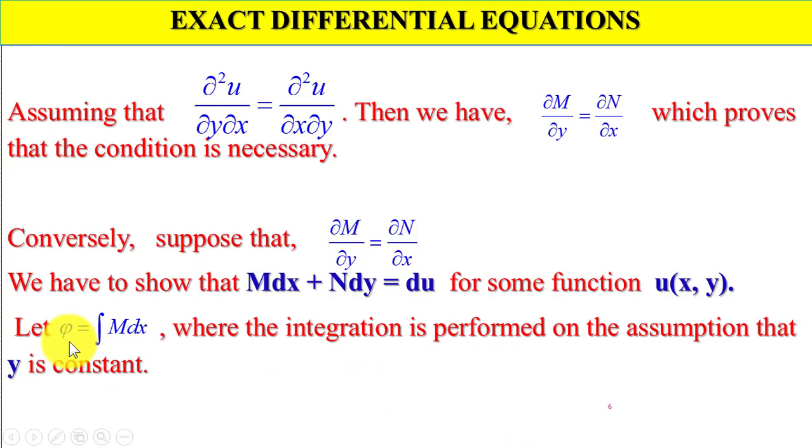Let phi be a function which is equal to the integration of M dx, where the integration is performed on the assumption that y is constant. If we integrate this quantity M dx, then we will consider y as a constant, because this expression is integration with respect to x, where M is a function of x and y, but we will consider y as a constant.